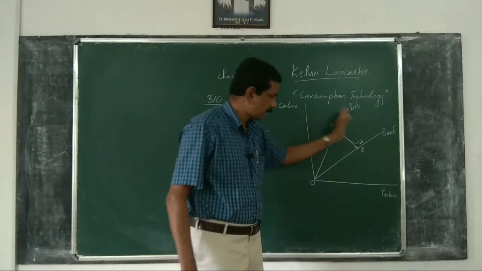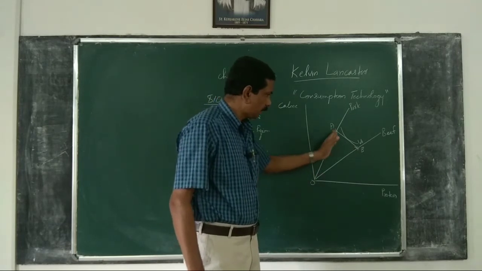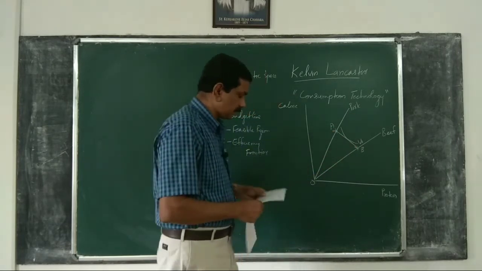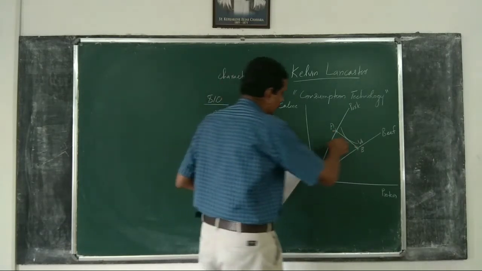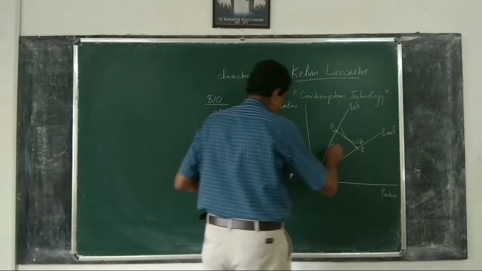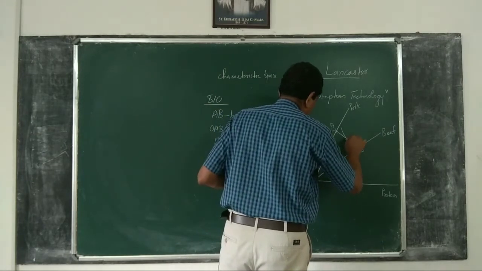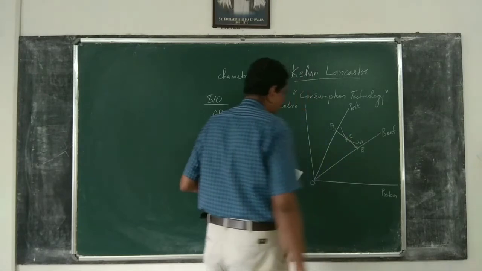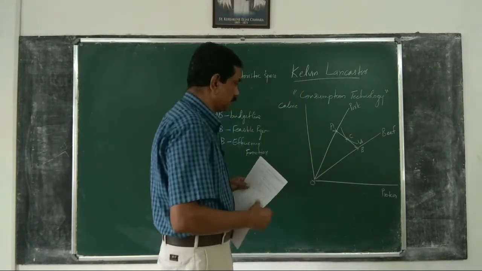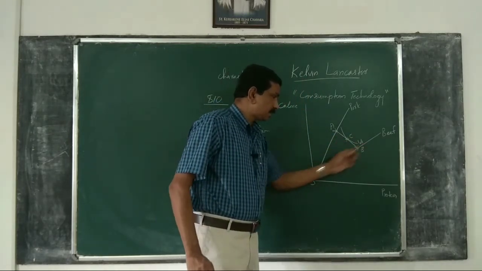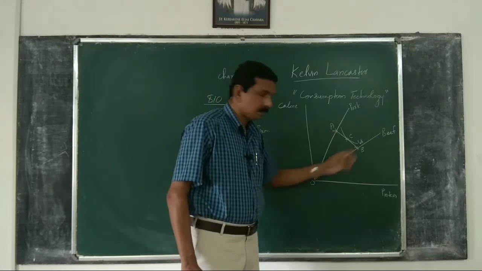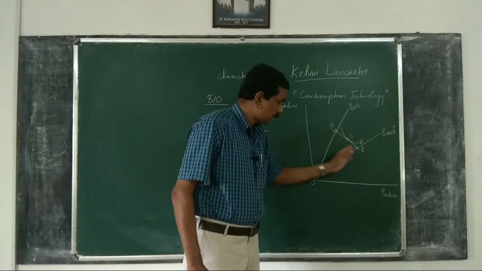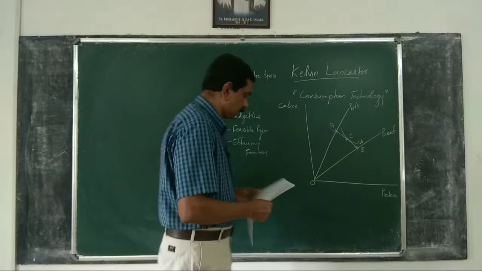So this is the characteristics space, and U1 is the indifference curve in the characteristic space, and we assume that our consumer maximizes utility at point C, where the indifference curve is tangent to the budget line, the efficiency frontier AB.